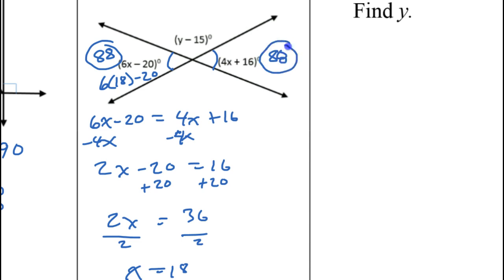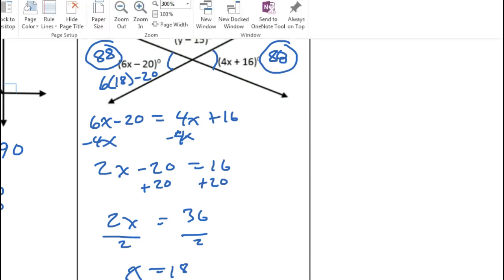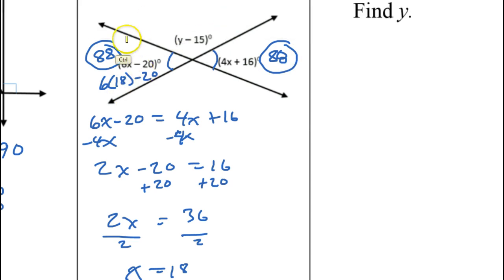Whoops. All right, but it's time to figure out what the other angle is. Well, just pick either one of these linear pairs. So, for example, if you look at this straight line that is being split up into 2 angles, all right, linear pairs.